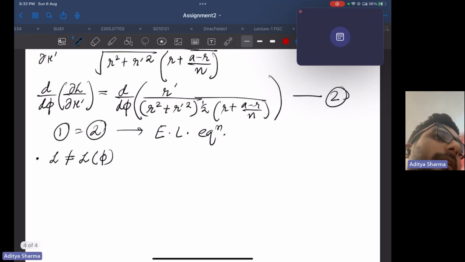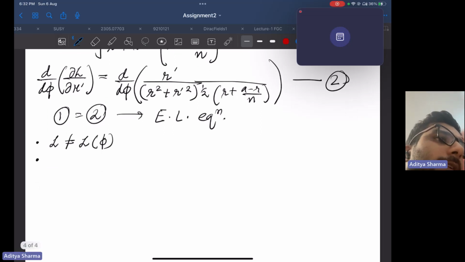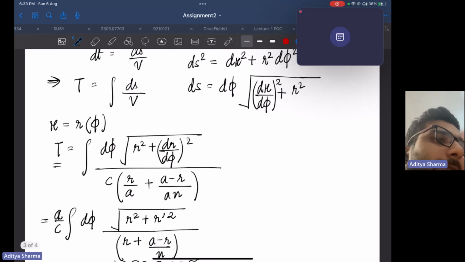It depends on phi through r and r prime, but if you consider the trajectory, the Lagrangian itself is not a function of phi. So in this case, we'll have Hamiltonian as a constant. So we are going to find a first order equation using that identity. It is also called the Beltrami identity.